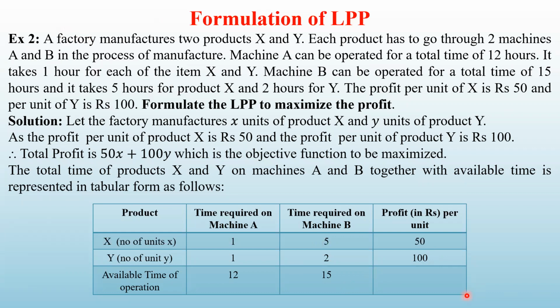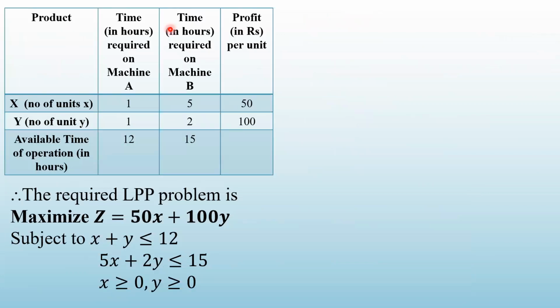Okay. So the same table I have copied here. Look at here. Okay. ये देखो. Product, there are two products X and Y. Time, there are two machine, time required in hours, और machine A, machine B, and last column में profit, और यहाँ पर available time. ठीक है.